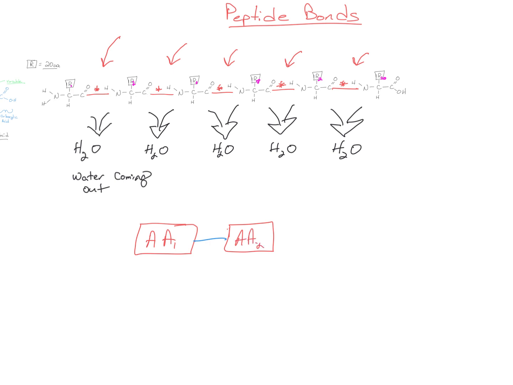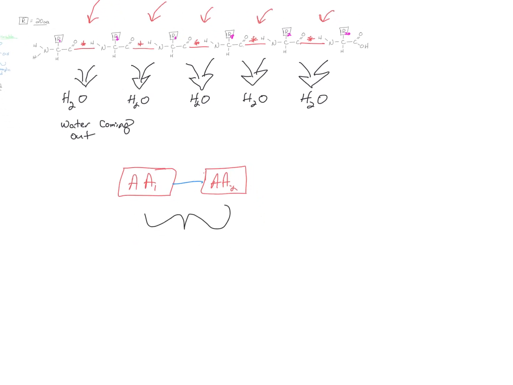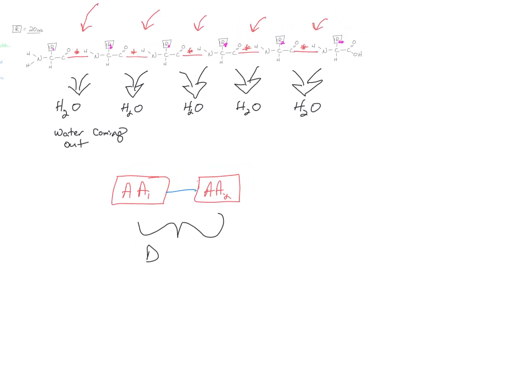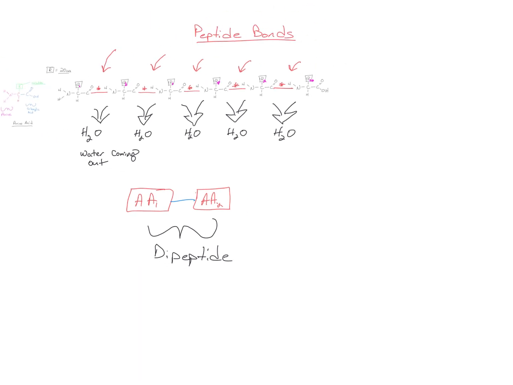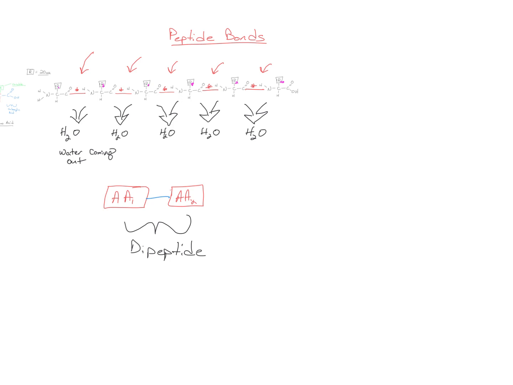As soon as I connect them, they become a peptide. And because there's two amino acids, we call it a dipeptide. Again, all having to do with the bond between the carbon of one amino acid and the nitrogen of the other.